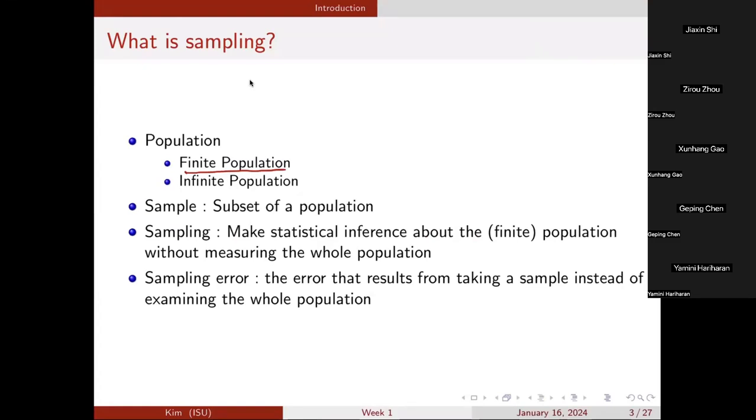In sampling, we want to make statistical inference about the finite population without measuring the whole population. And sampling error is the error that results from taking a sample instead of examining the whole population.